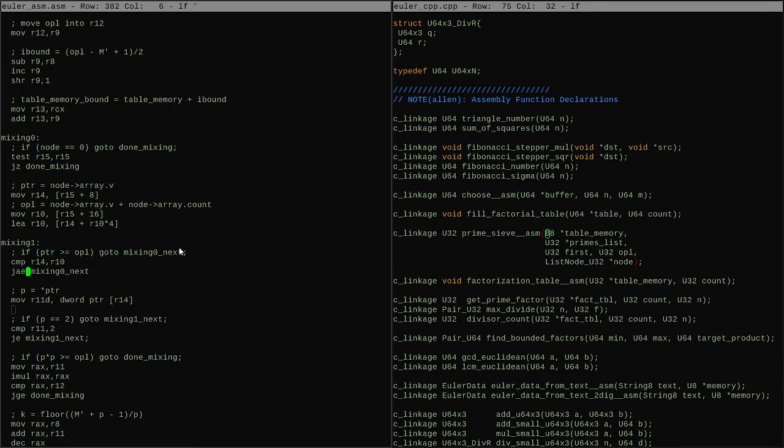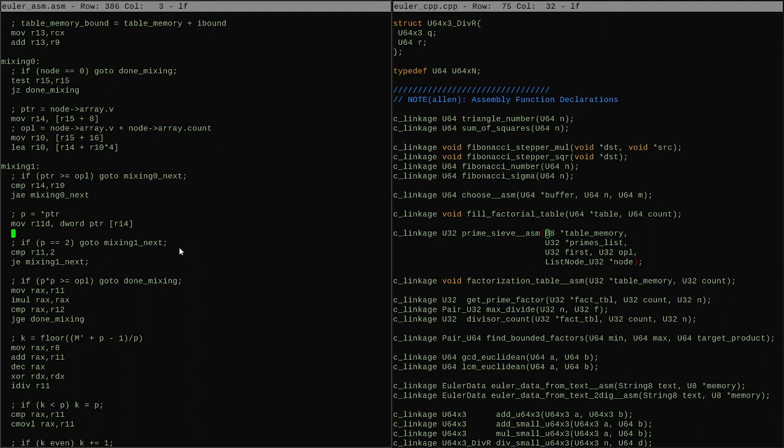So this should be jump above or equal. Okay, p is greater than or equal to one past last. Did I already have something? I'd better call this putter OPL. Looks like I already had something else called one past last.